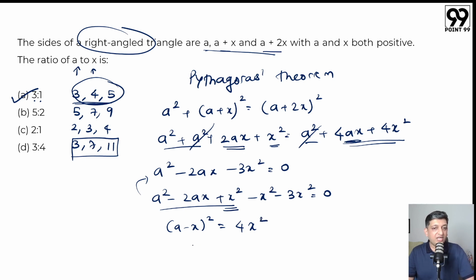Now if you take square root on both sides, you are going to get a minus x equals 2x, because root of 4x square is 2x, a minus x square, the root is a minus x. And because we are dealing with sides and positive terms, we will be able to take the square root only in the positive sense. So we are going to get a equals x plus 2x, that is 3x. So what is going to be the ratio of a to x? 3:1. And that is why you are going to get option A as the answer.